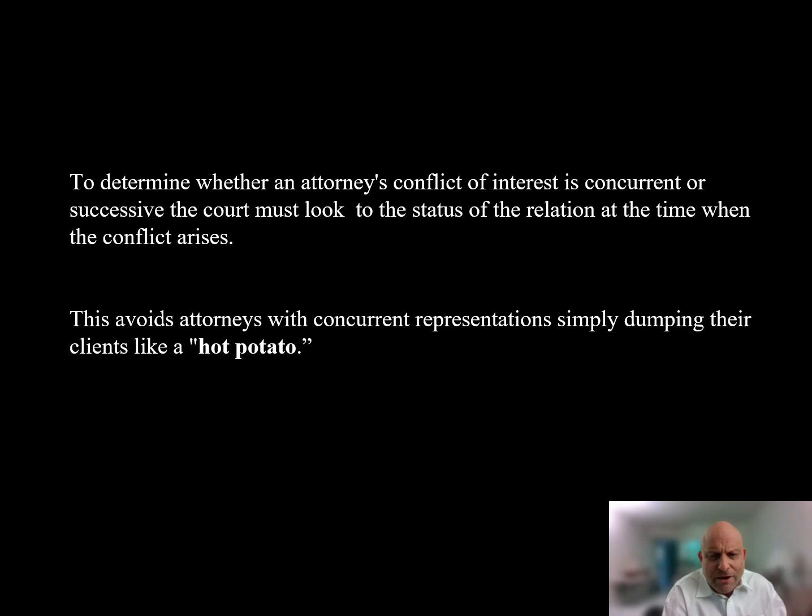The reason for that is the so-called hot potato rule. If that were the rule, it would encourage a lawyer to make a decision. Who is he going to get rid of? So there's a conflict. I'm going to drop one like a hot potato. That's why it's called the hot potato rule. Which one am I going to drop?